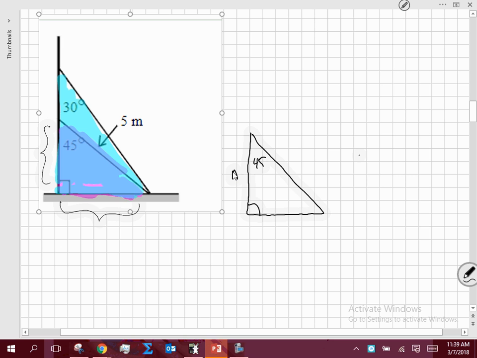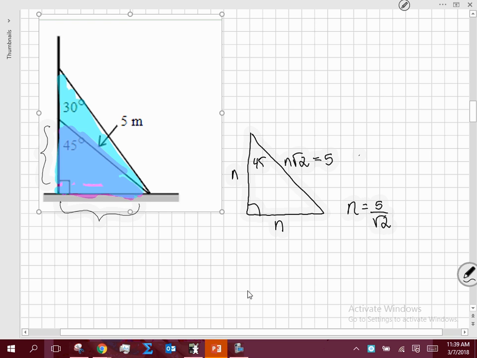We know in a 45, 45, 90 that's n, n, and n radical 2. Right now they're saying our n radical 2 side is 5, correct? Can I do the work to solve for n? Yeah. Okay. So n ends up being 5 over radical 2, correct?